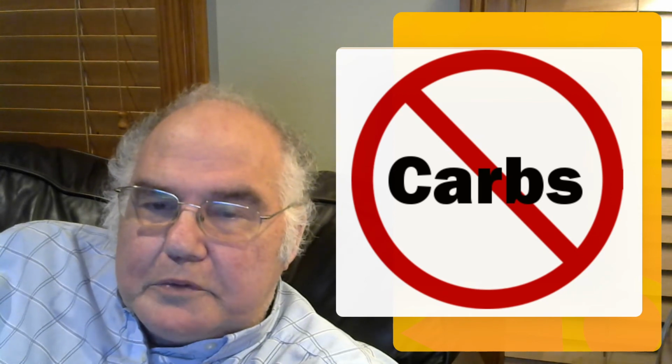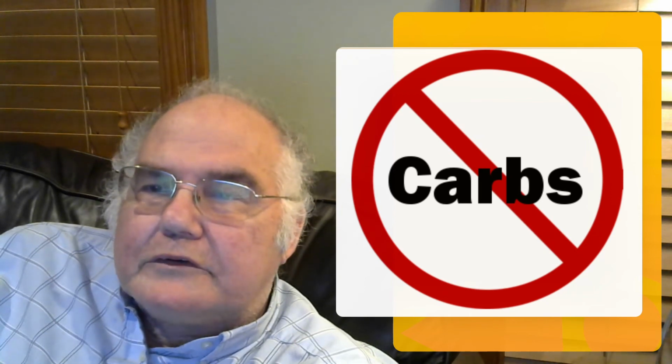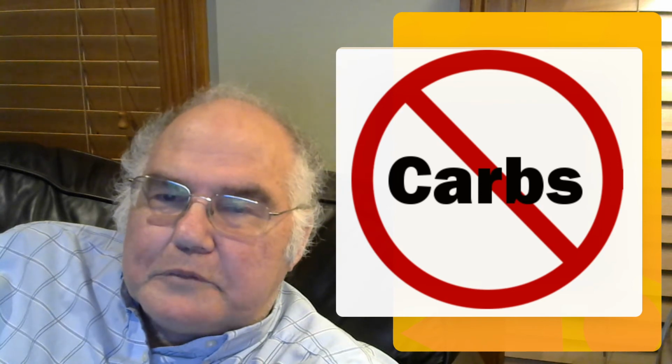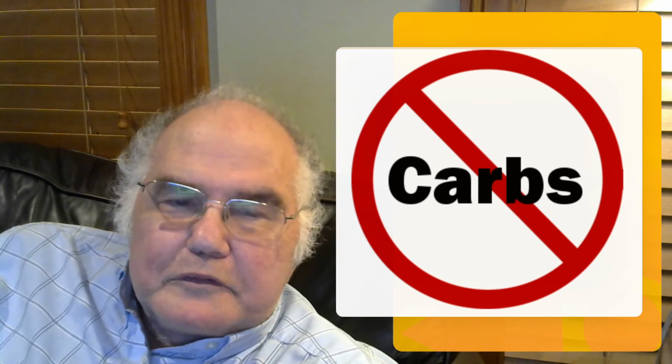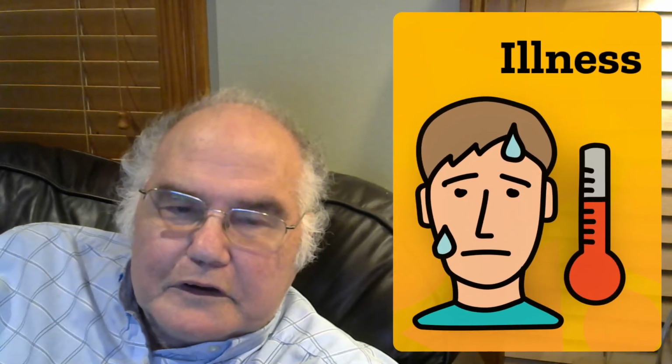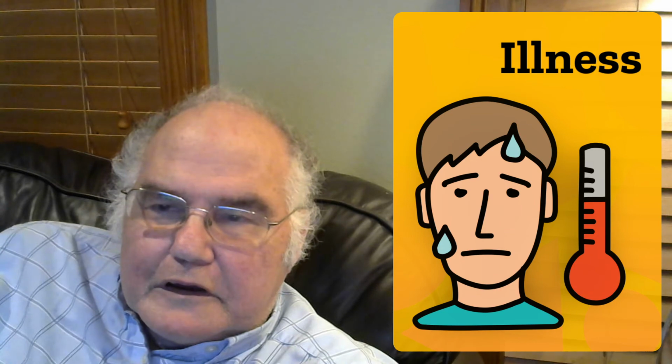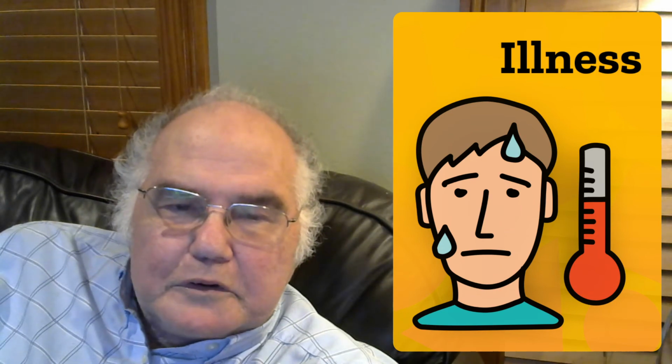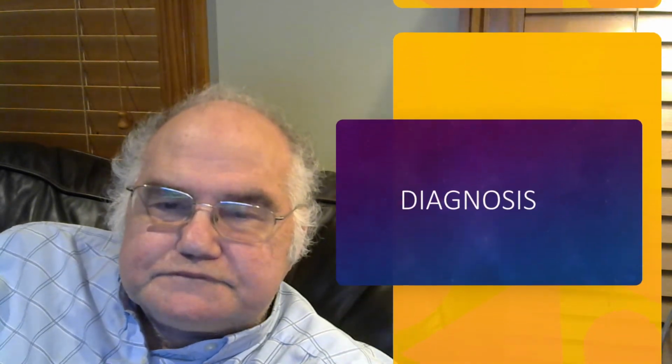Another trigger would be a diet which is low in carbohydrates, and particularly if there is fasting, that can be a very potent trigger of a porphyria. And then finally, any intercurrent illness can cause stress, increasing the risk for porphyria.